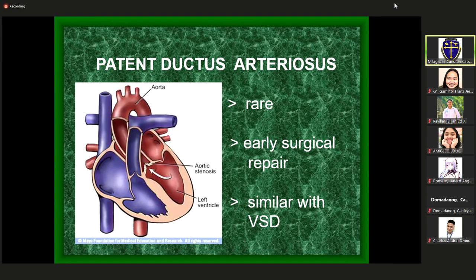That is why dito nakikita na ngayon na meron palang hole si ductus arteriosus. So yan. So early surgical repair should be done. And of course, similar with ventricular septal defect, there is a mixture of unoxygenated and oxygenated blood.